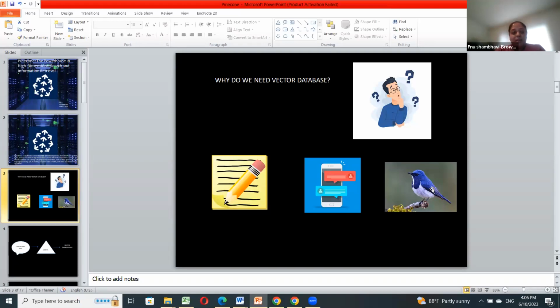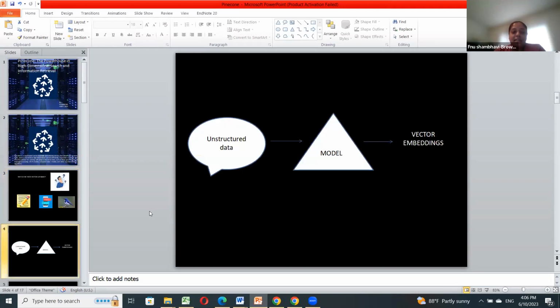What Pinecone does is convert this unstructured data into what are called vector embeddings. Vector embeddings are a numerical representation of your data. It does the vector embeddings and stores them in the vector database.